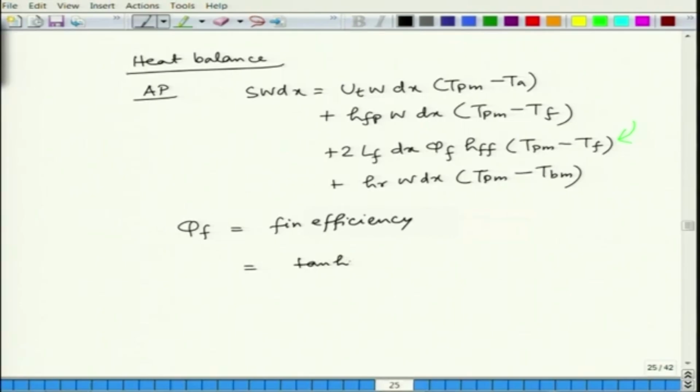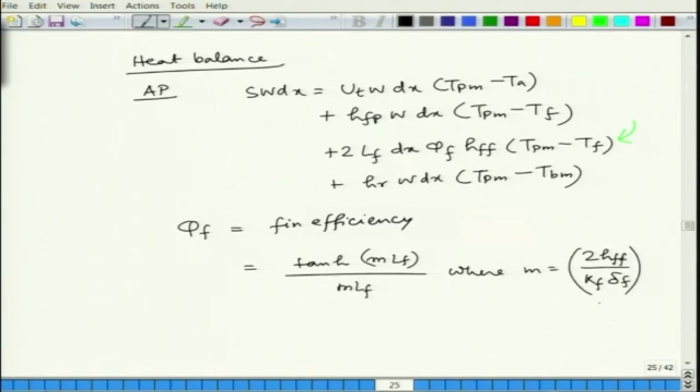You have derived it in this course as well, which is tanh(M Lf) divided by M Lf, where M is (2 HFF divided by k t) to the power half, that means HFF is the heat transfer coefficient between fin and fluid, k is the conductivity of the fin, and t is the fin thickness. Okay.